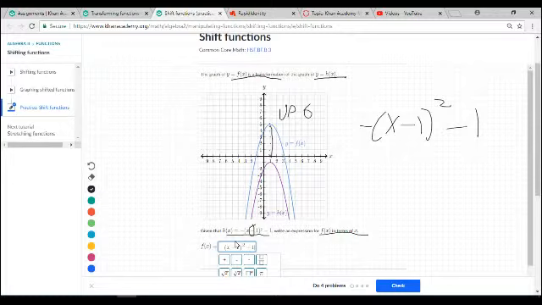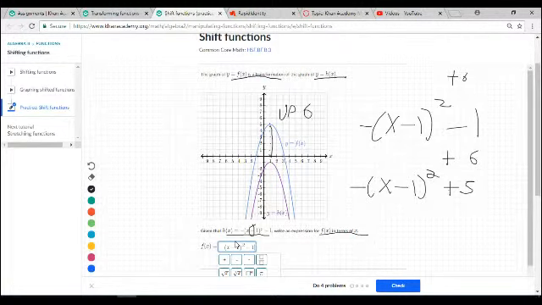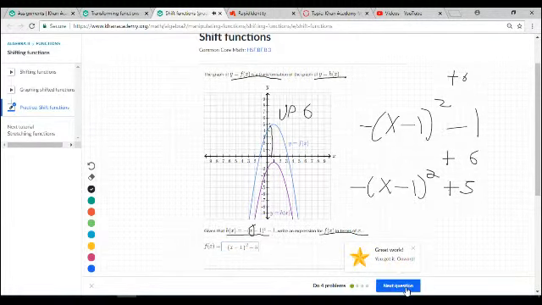That just means we do plus 6 for k. So we just add 6 here, and we'll ultimately have negative (x minus 1) squared plus 5. That's what our ultimate answer will be. So we'll change that minus 1 to a plus 5 and see what that does for us. Gets it right, that's what it does for us.